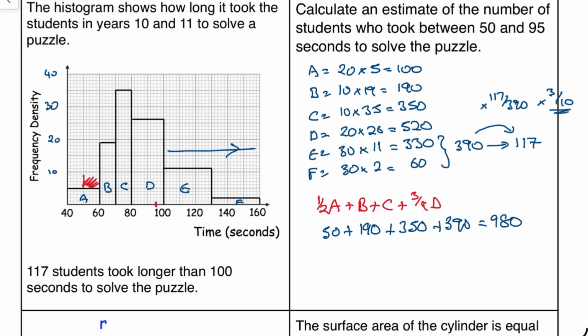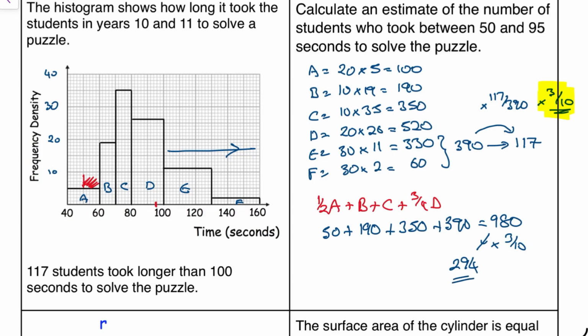But that's using my frequency density. Remember, I have a scale factor here of 3/10. So I'm going to take this number, I'm going to multiply this by 3/10, and that's going to give me 294 students.